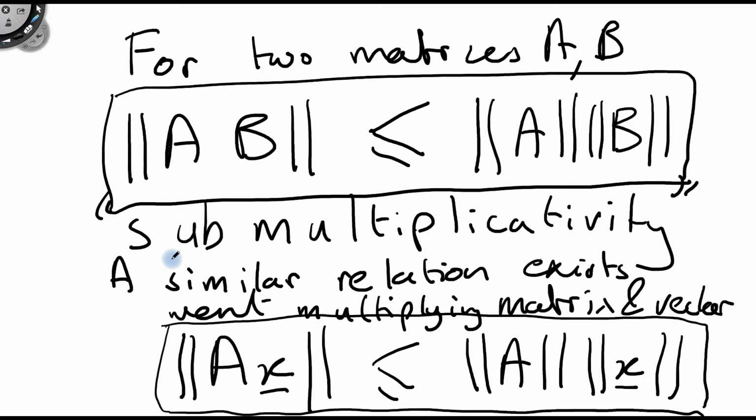So I won't prove these, but I'll just state them without proof. But there are proofs out there if you're interested. Okay. All right, so those are the useful things. So we've got a definition of a norm for a matrix, and we've got our sub-multiplicativity rules.